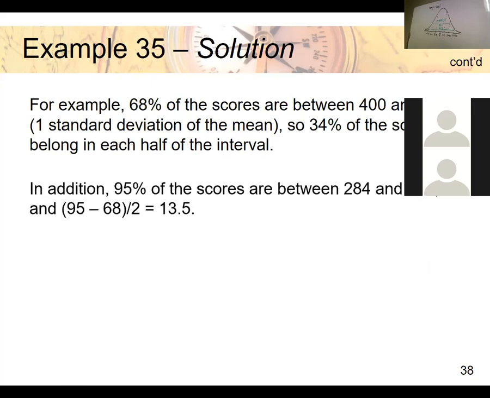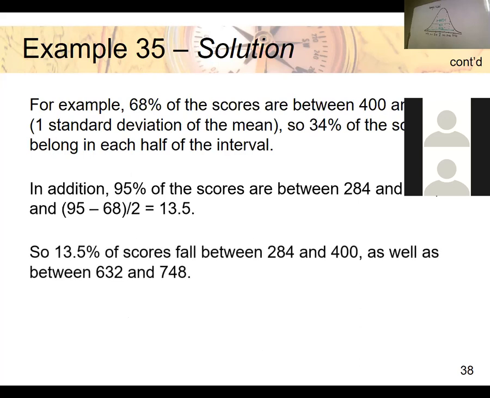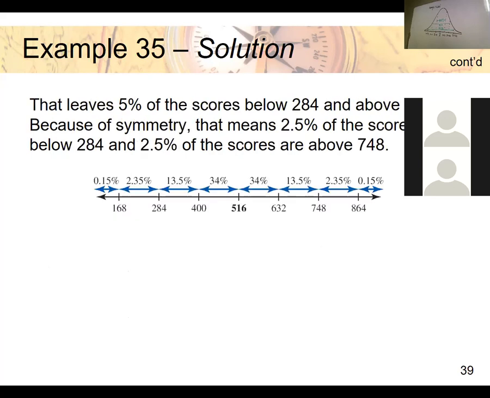In addition, 95% of the scores are between 284 and 748. If we do 95 minus 68, that would be 27, and 27 divided by 2 would be 13 and a half. So 13.5% of the scores fall between 284 and 400, as well as between 632 and 748. This is what we have here.